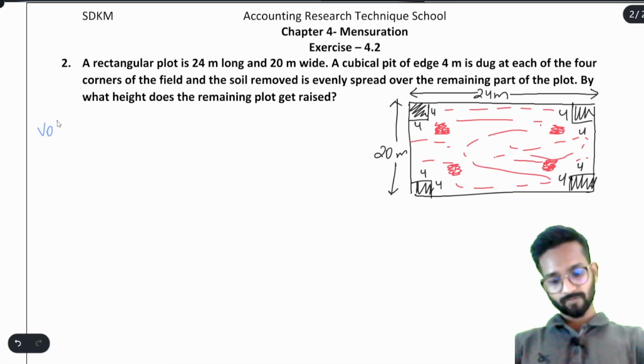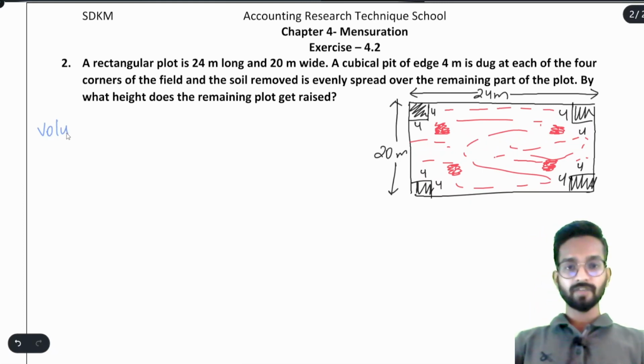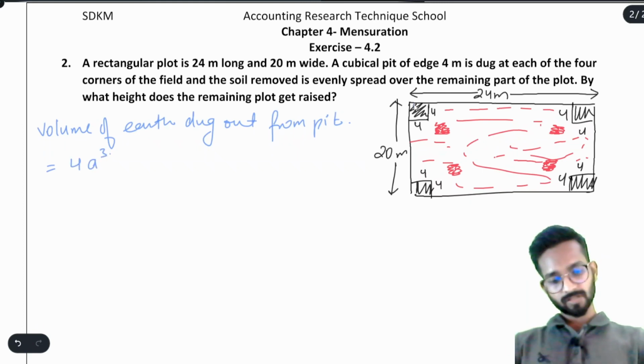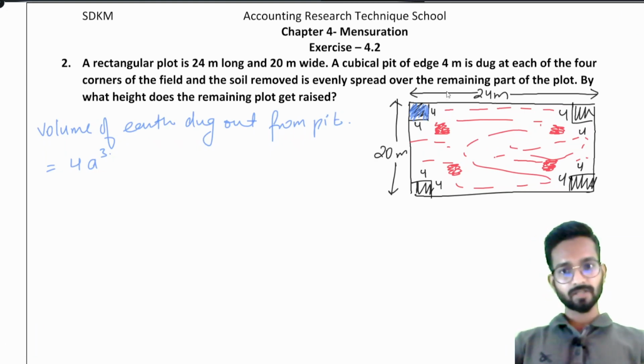First we have to find out how much volume of soil we have dug out. Volume of earth dug out from the pit is equal to 4 of a cube. Why? Because the 4 side edges are 4 only, so when you dig it, it is like a cube, and the volume of the cube is a cube.